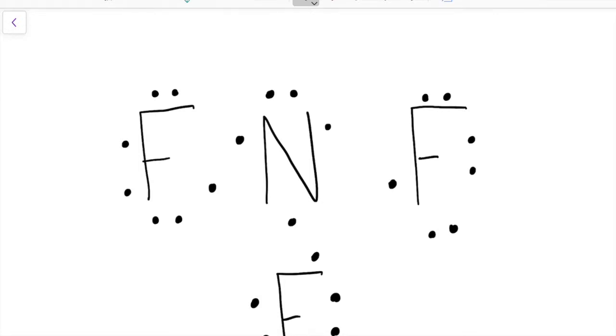Just to even it out, as you know, with fluorine having room for just 1 more valence electron on each of the fluorines, you can see that nitrogen has the 3 that could be moved around. So if you do this, you can connect these here and take away these 2 valence electrons just so it looks neater.